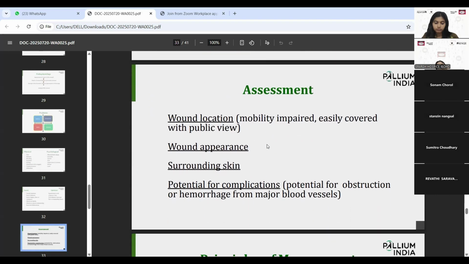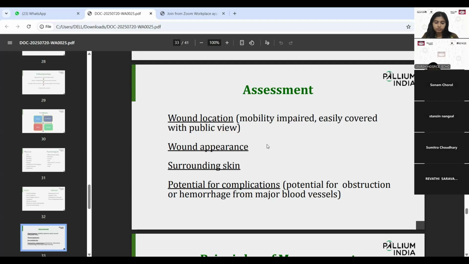Okay, we have seen how the problems arise and which types of problems arise. So now we are going to see about the assessment. Now you have to imagine you are going to visit a home care patient. Think about your patient. He is having tongue cancer.